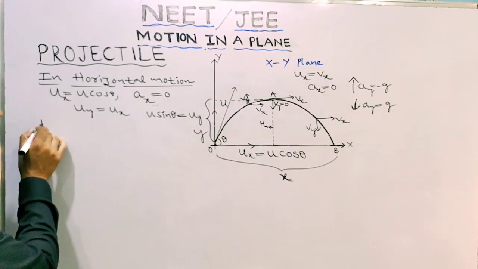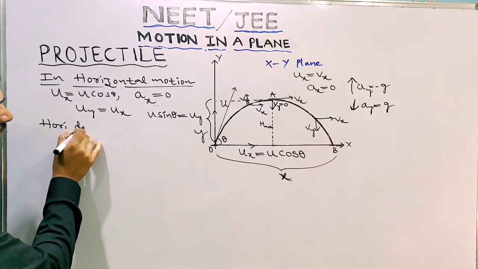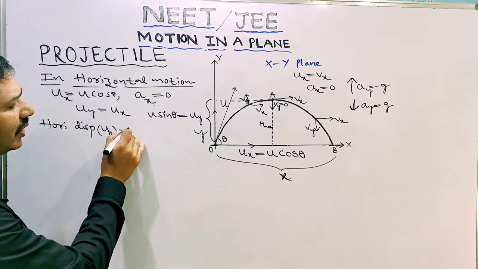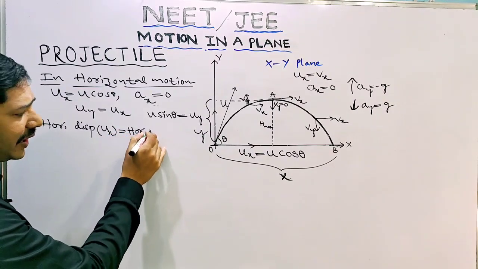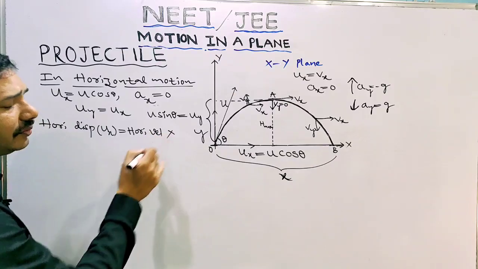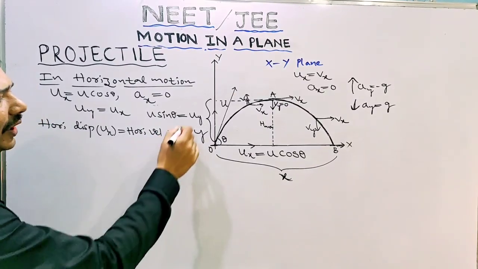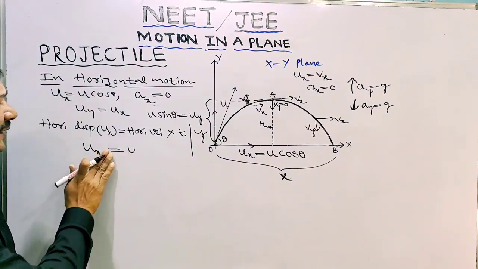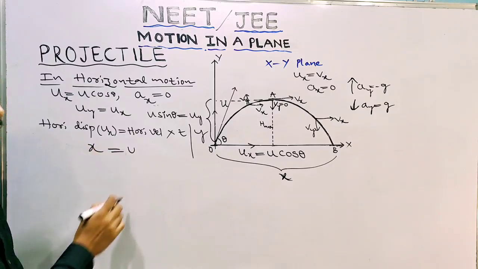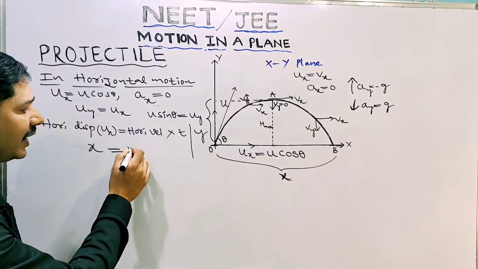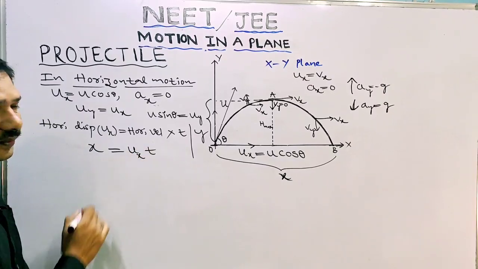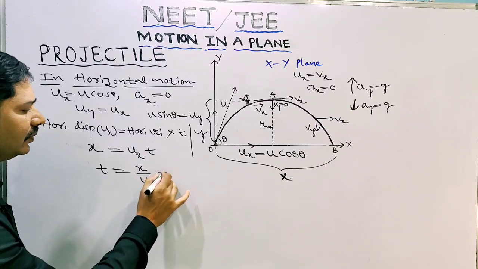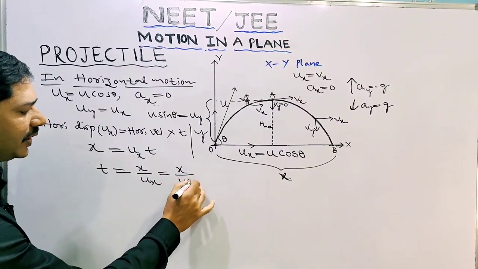Horizontal displacement x is equal to the initial horizontal component of velocity, ux, into time t. So t equals x by ux, that is equal to x by u cos theta.